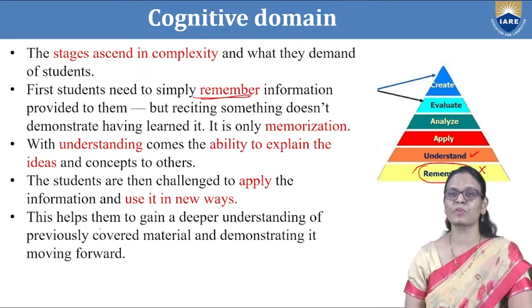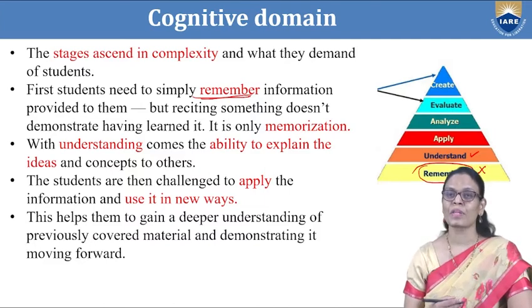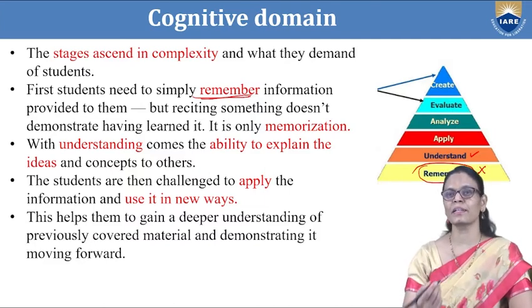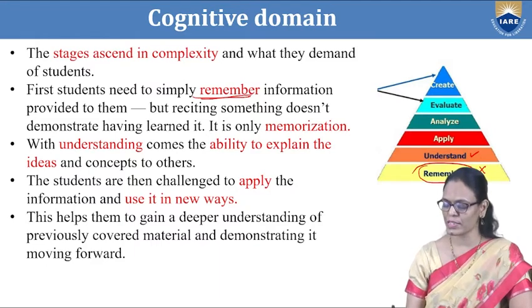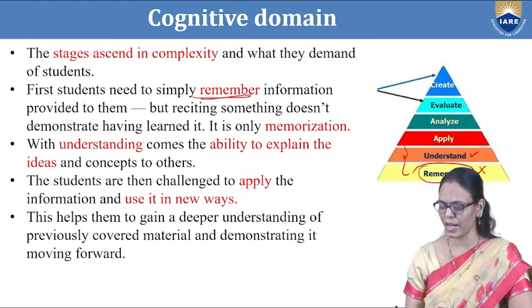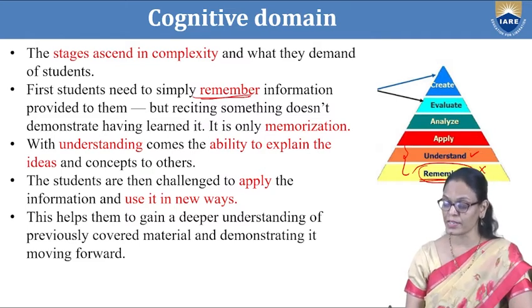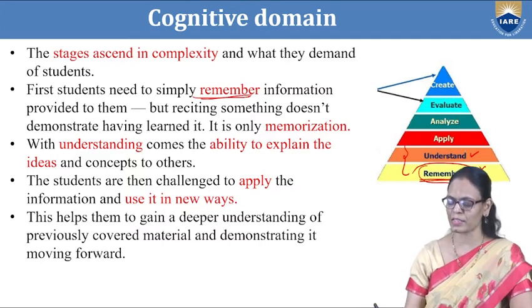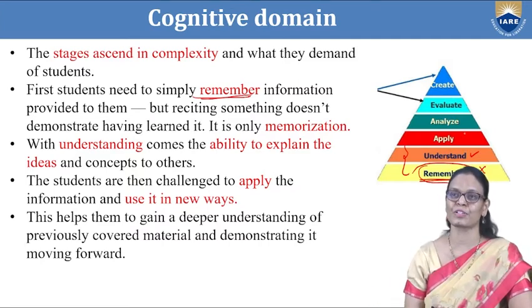This helps them gain a deeper understanding of the material by demonstrating it and then moving forward. So these are the three stages we have discussed. At the remember stage, they are able to simply recite. At the understanding level, they understand what the concept says. And at the next level, they apply that information.